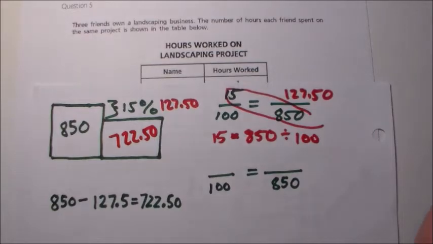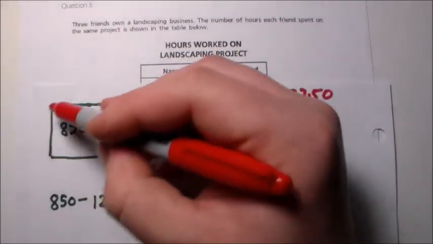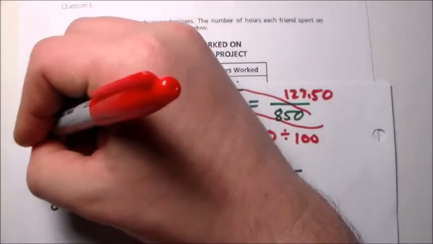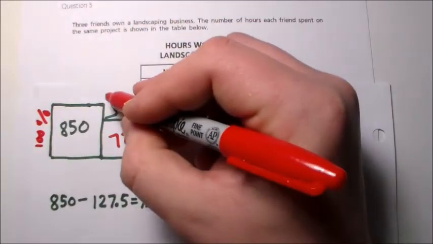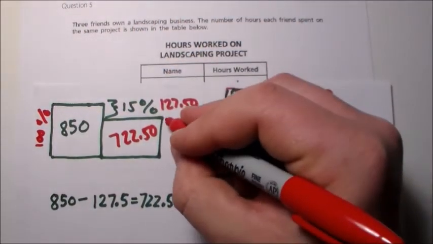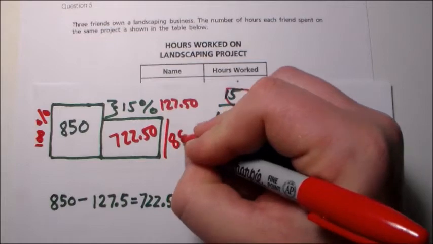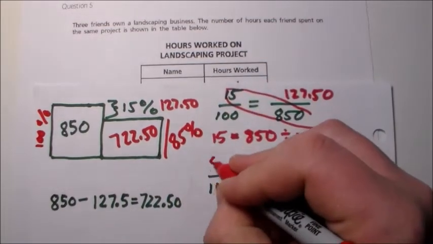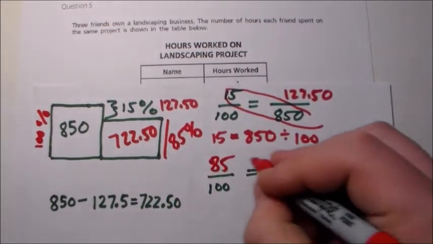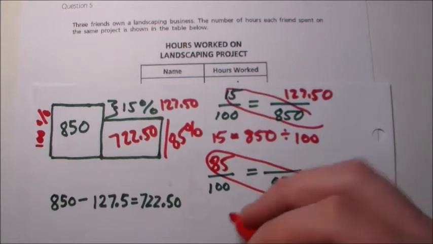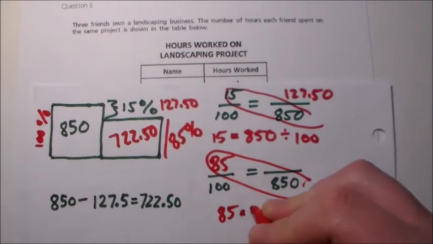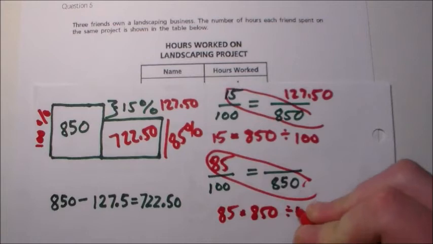If you want to do it a different way, you can say, I know this whole thing is 100%. This is minus 15%, so this here is going to be 85%. You could find 85 out of 100, cross multiply it to 850, do 85 times 850 divided by 100.